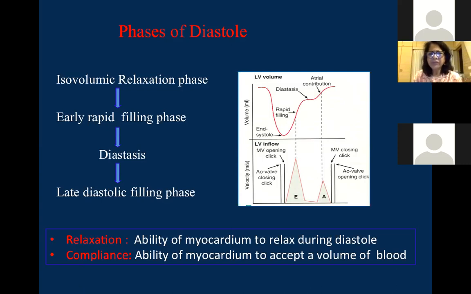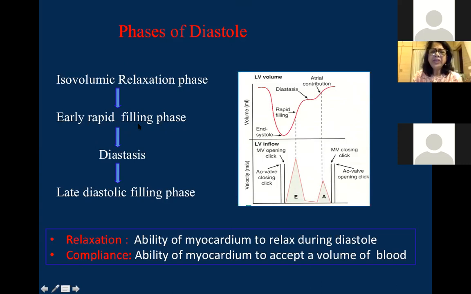And a time comes when the LV pressure is below the LA pressure and the mitral valve opens. Mitral valve opens and the early rapid filling starts. Early rapid filling phase starts with opening of the mitral valve.